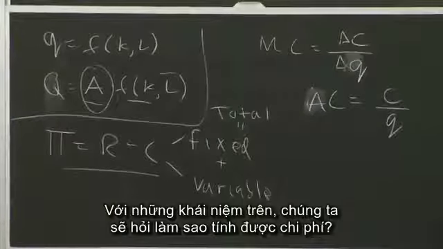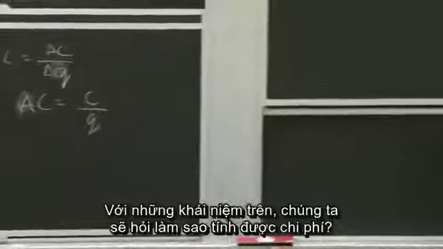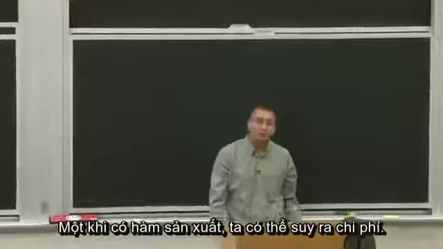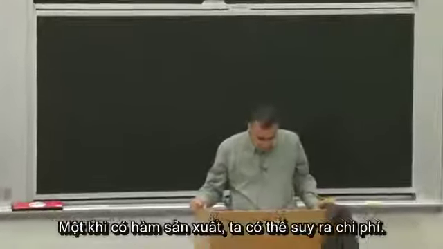Now with those in mind, let's ask, how do we get costs? The answer is we get them from the production function. Once we know a production function, we can derive costs.